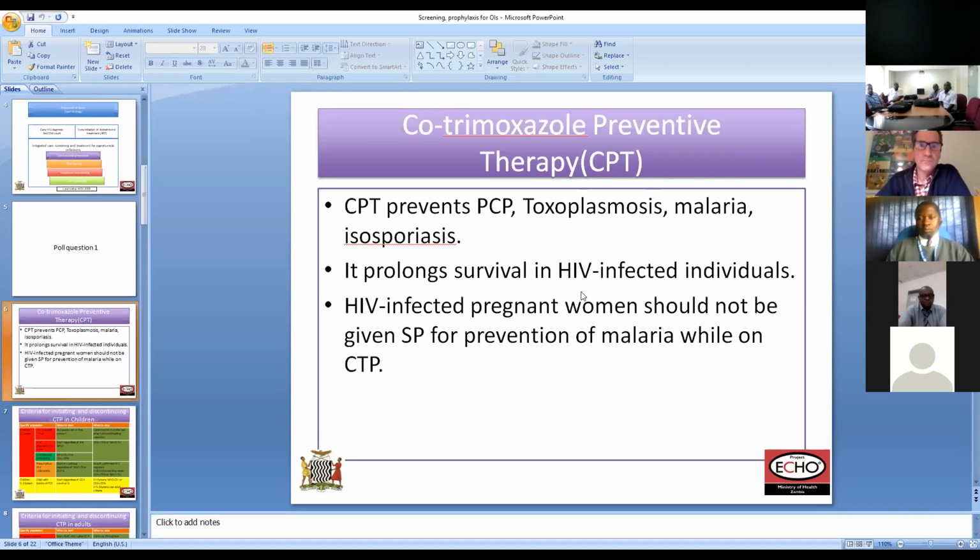A: it is recommended for HIV-TB co-infected children, regardless of the clinical stage of infection. B: it can be stopped when a child is more than 2 years old and has CD4 greater than 25%. C: it should be given at birth in all HIV-exposed infants. So we've got 3 who have voted so far.